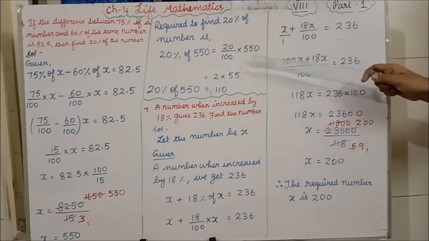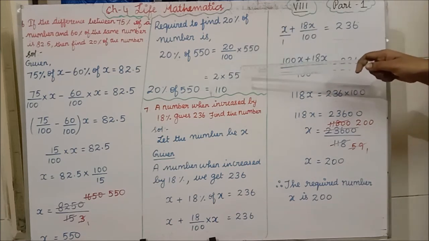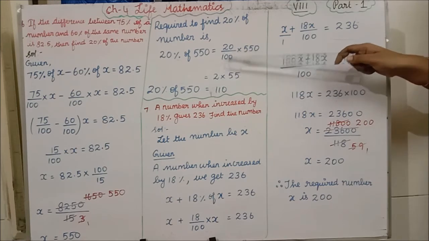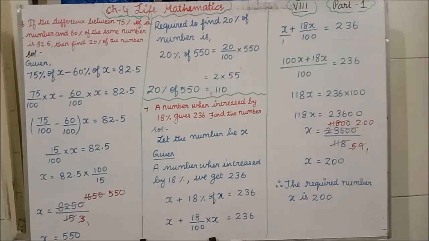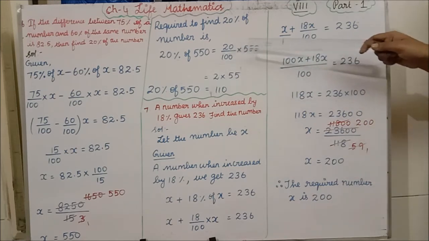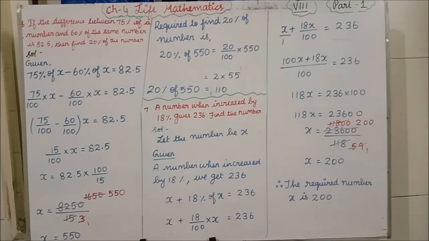We can cancel this 0 and 0, and similarly this 0 and this 0. Remaining is 2 into 55.